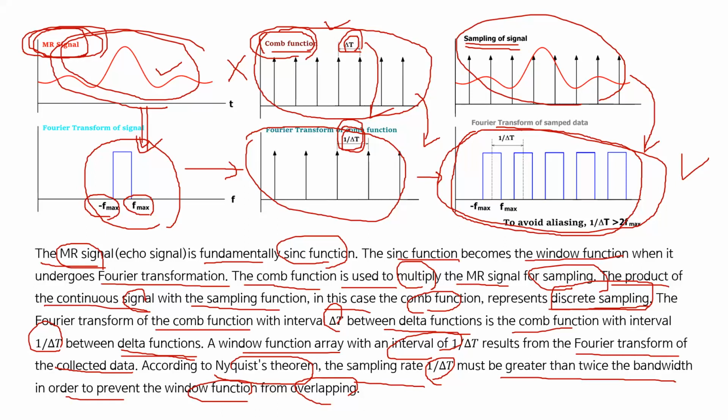So we can check the Nyquist theorem here. To prevent overlapping of these window functions, 1 over delta t must be greater than twice f max. So this gives the Nyquist theorem. We can check the Nyquist theorem in these figures.